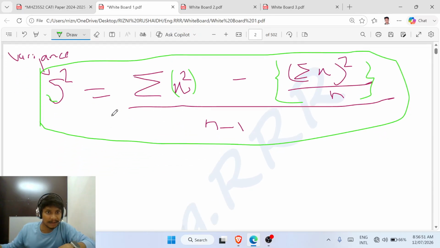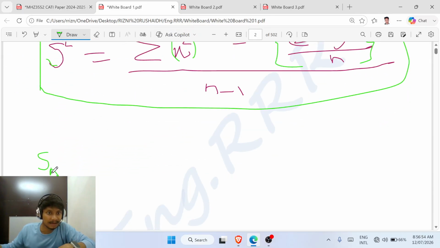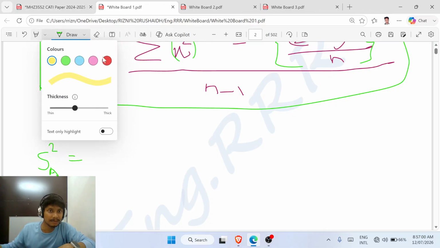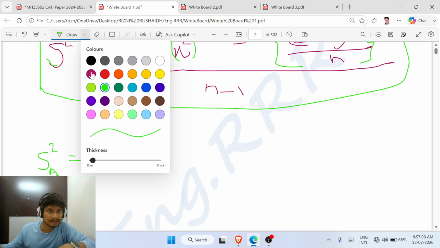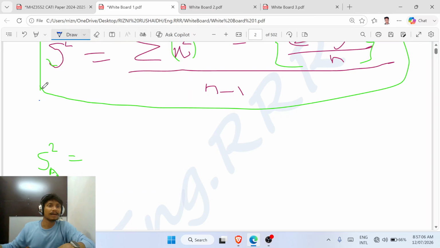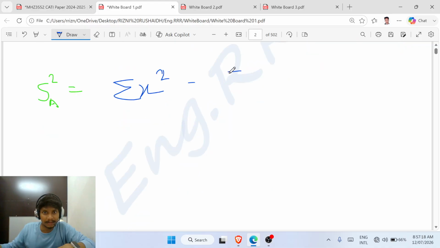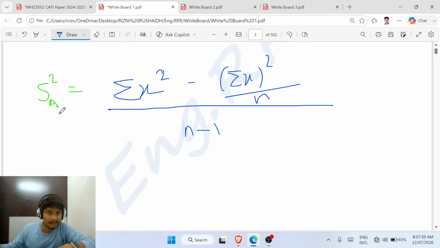Now we have to find the variance of A. Therefore S A square is equal to sigma x square minus sigma x whole square divided by n, divided by n minus 1.